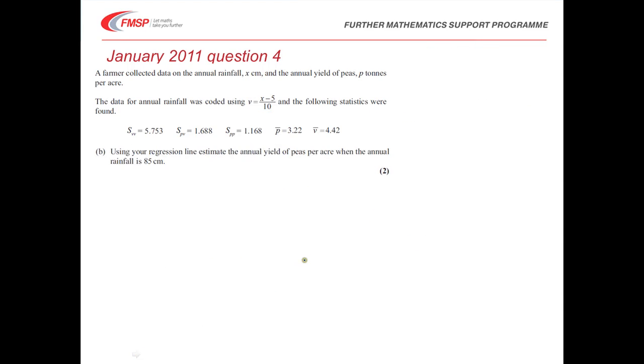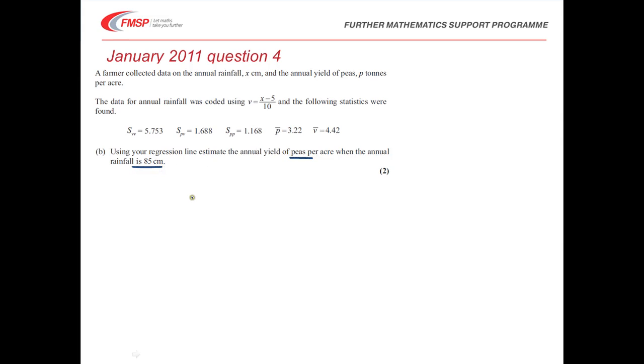It goes on and says, using your regression line, estimate the annual yield of peas per acre when the annual rainfall is 85 centimeters. So we need to realize that they're really talking about the variable p and the variable x.